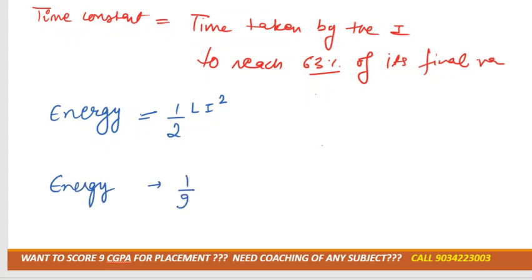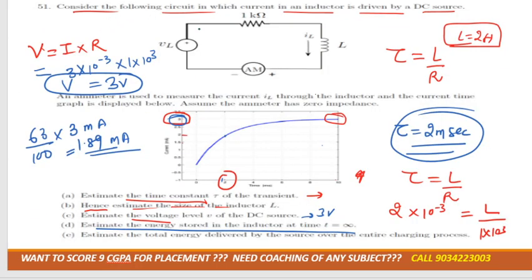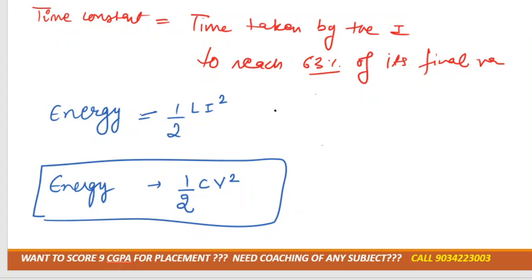Now do you know the value for L? We got L as 2 henry. And do we know the value for current? Put down all the values and tell me the answer.